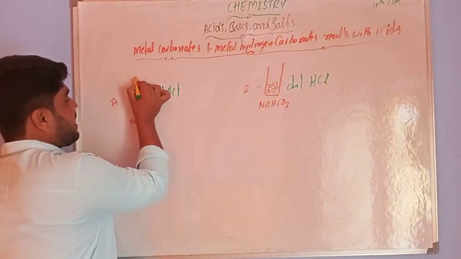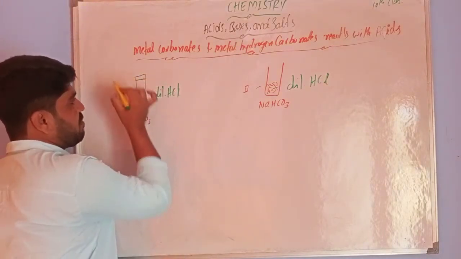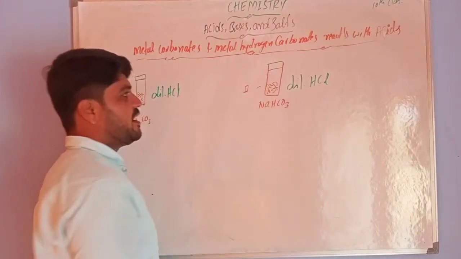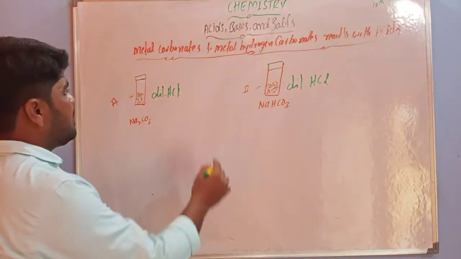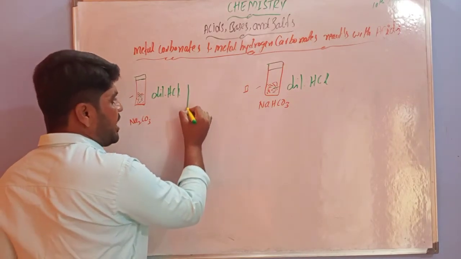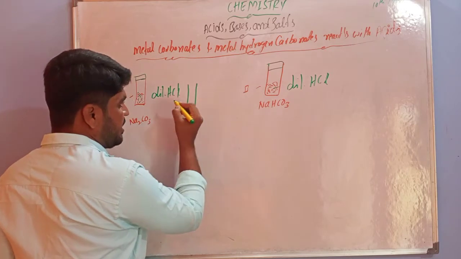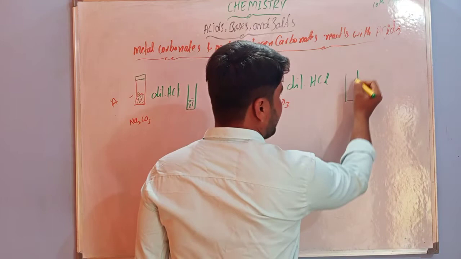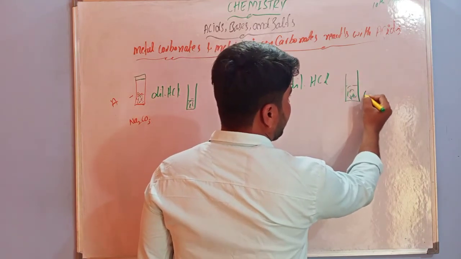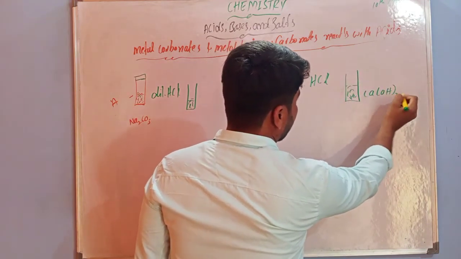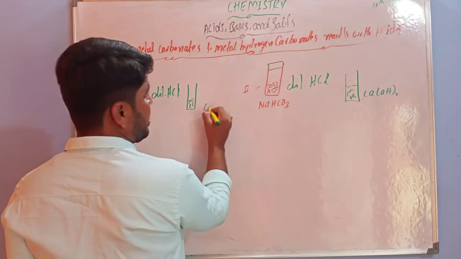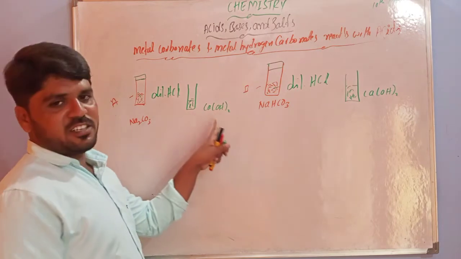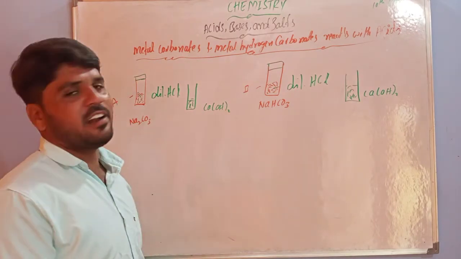After adding this, you have to put a rubber cork on both test tube A and B. After this, you have to take another test tube containing calcium hydroxide for both A and B. Calcium hydroxide, Ca(OH)2, means lime water.